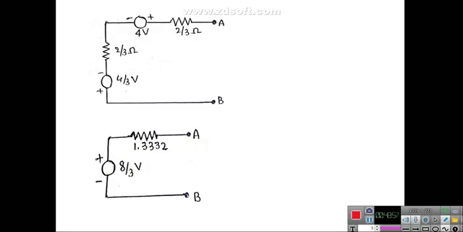So what is your equivalent? These two should be added.